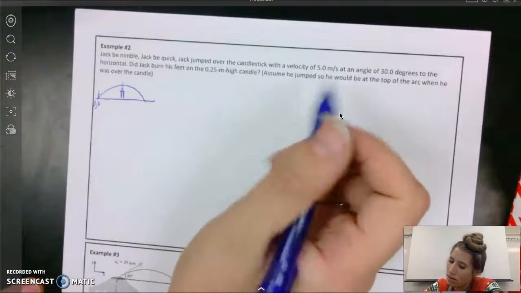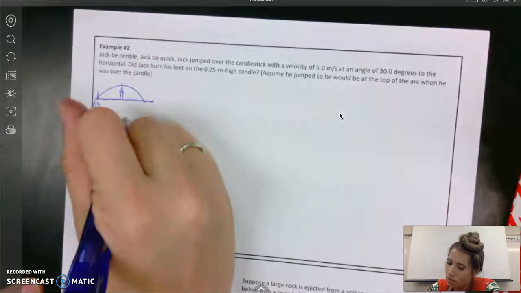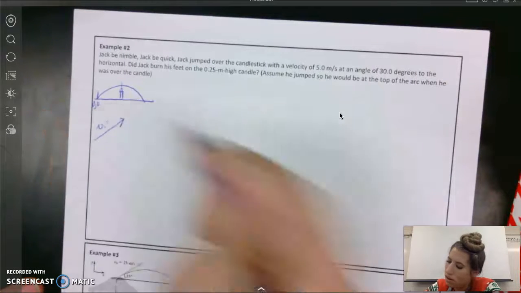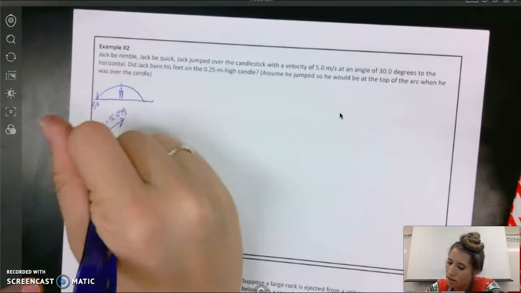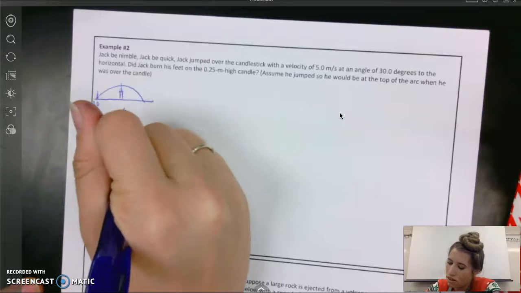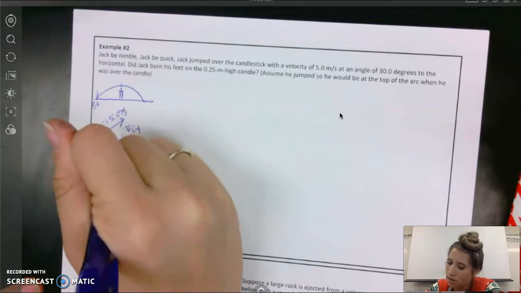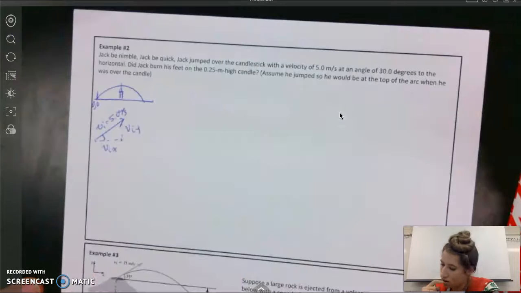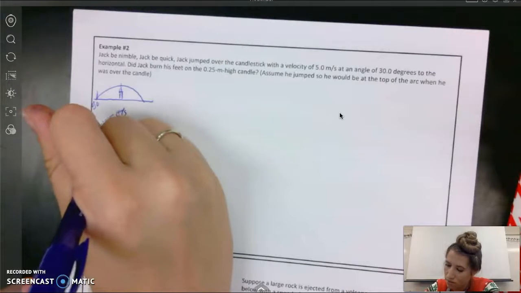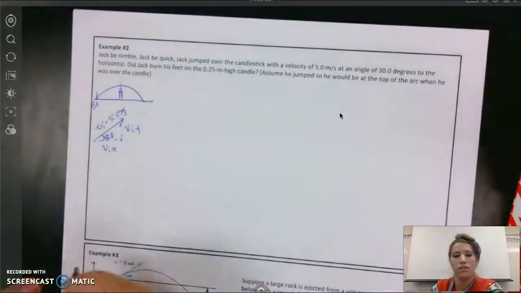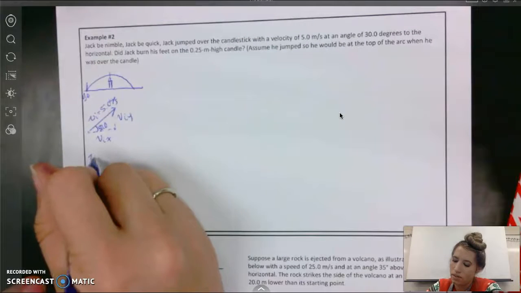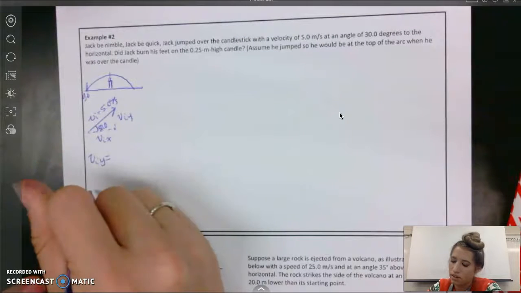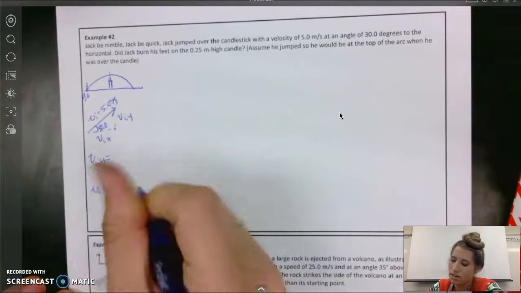Now we have an initial velocity of 5 meters per second, and then velocity initial in the y and velocity initial in the x with an angle of 30 degrees. So let's use our trig skills to solve for velocity initial in the y and velocity initial in the x.